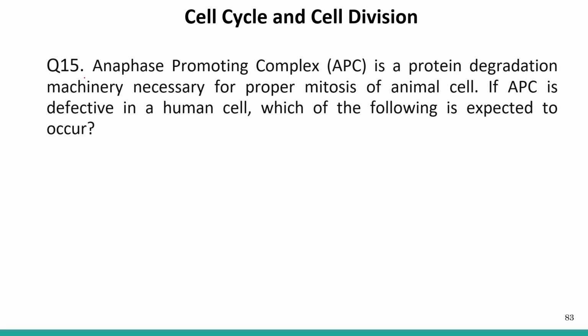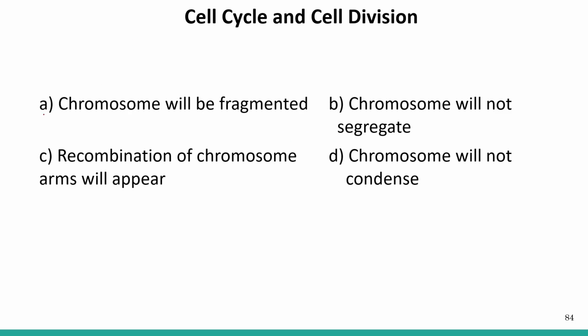Next is a bit tricky question. Anaphase promoting complex is a complex which helps in the transition of the chromosome from the metaphase stage to anaphase. Alright, so here are the options.